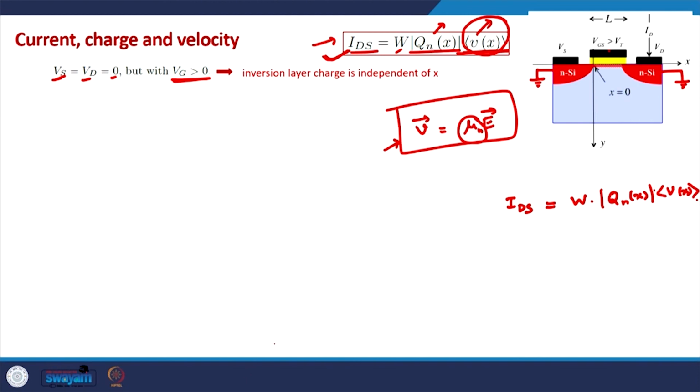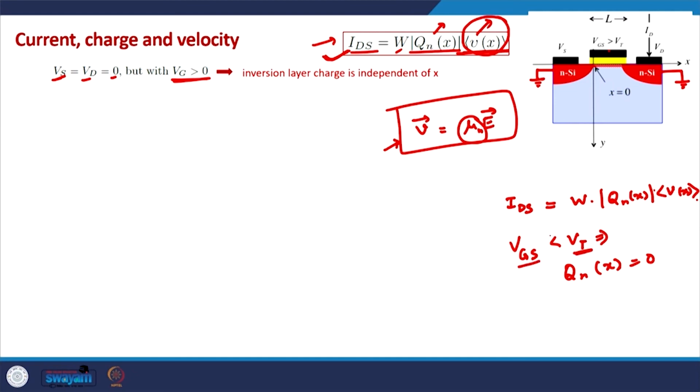Generally it is presumed that for VGS less than VT, the charge in the channel is 0, and the charge starts appearing when the gate voltage is slightly higher than the threshold voltage.